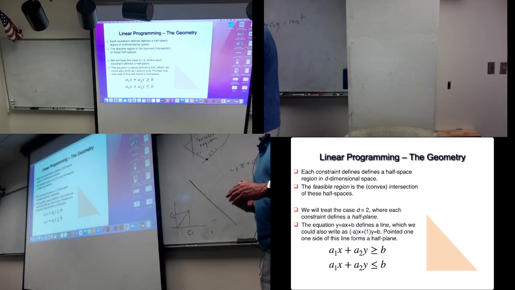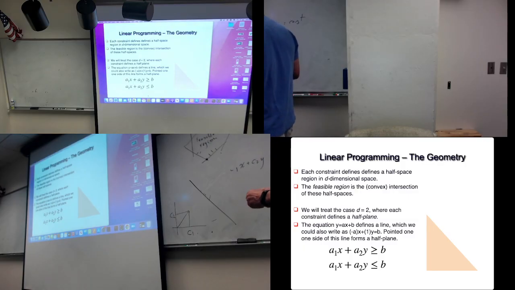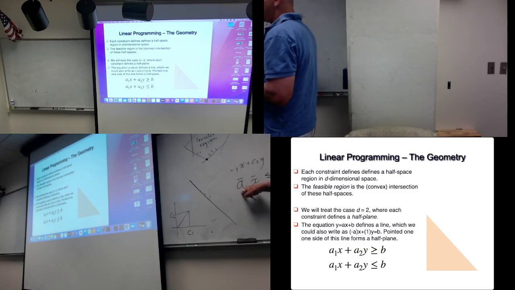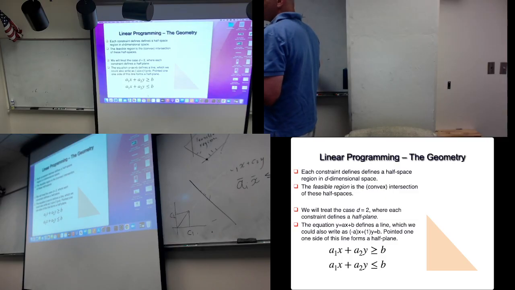In 3 dimensions, I'm looking at the constraint a_i vector times x vector is smaller or equal than b_i, where a_i is a vector given to me, b_i is a constant given to me, and I'm looking at all the vectors, points x.